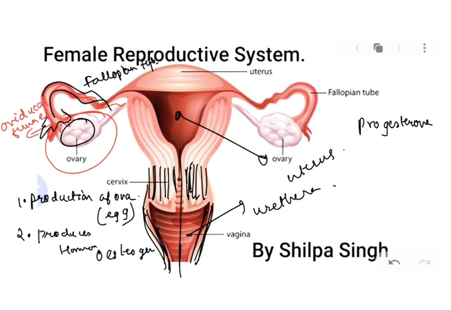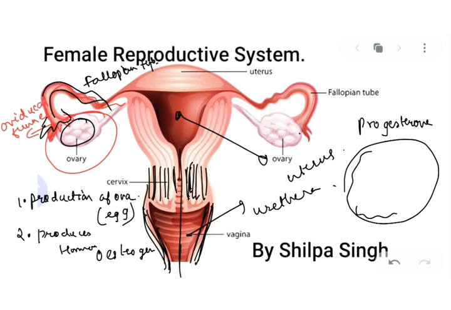Now my dear kids, let's take a magnified view of each ovary. Ovary here you can see is an oval part, on both the sides. We also studied that the main function of ovary is to produce egg.